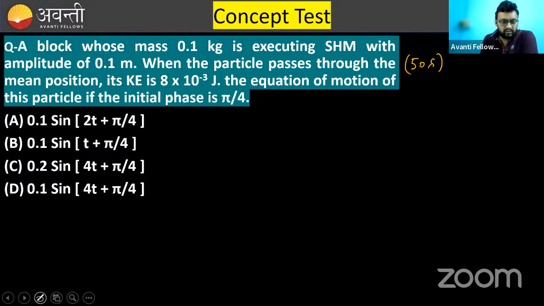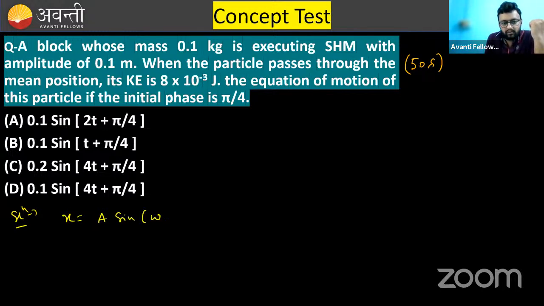You need to find the equation of SHM. And if you need to find the equation of SHM, what is the general form of the equation? You can say X or Y, whatever you like. X equals A sine omega t plus phi.